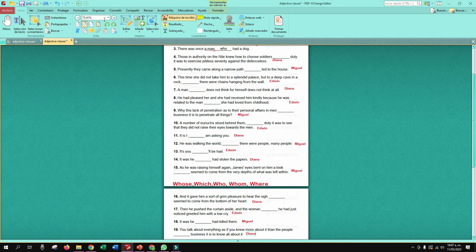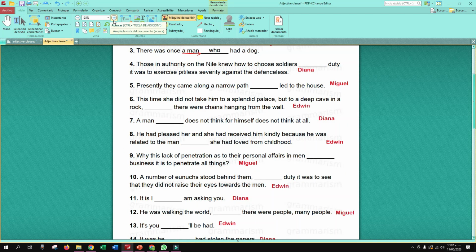Number 4, Diana. We're going to read the sentence and tell me the answer there, please. Those in authority of the Nile knew how to choose soldiers whose duty was to exercise pitiless severity against the defenseless. I suppose it's whose.